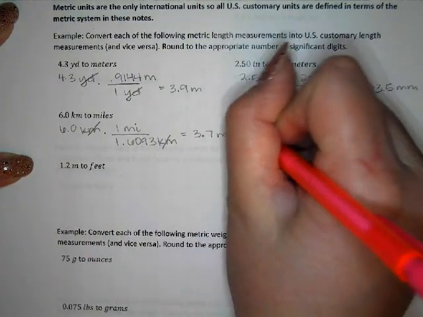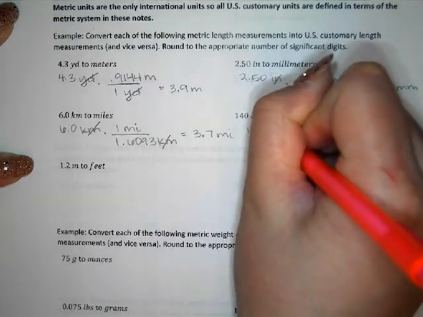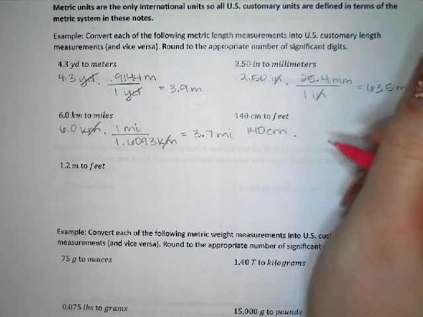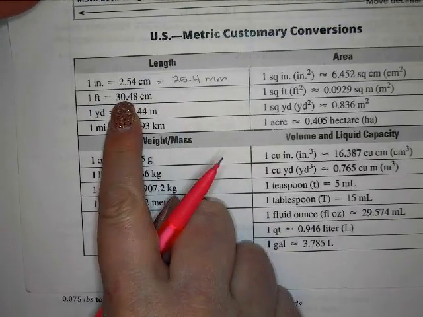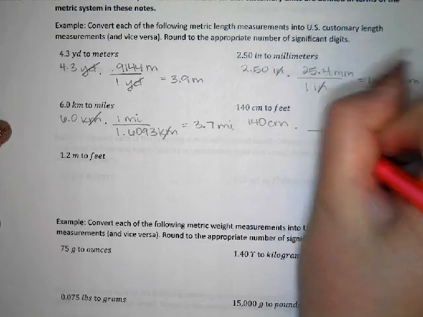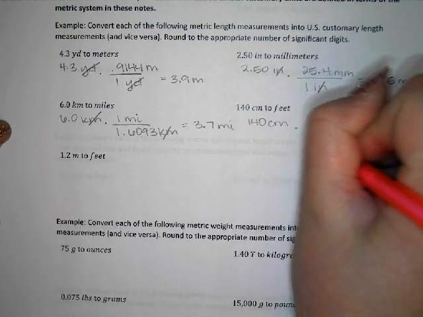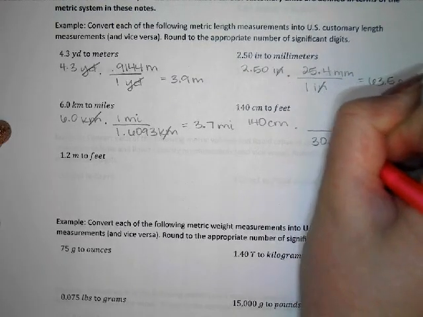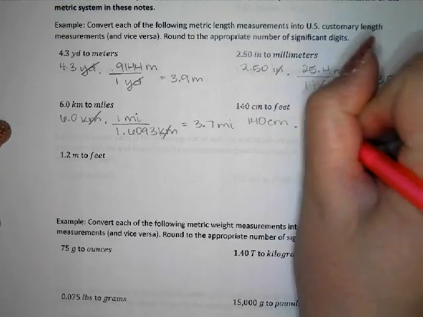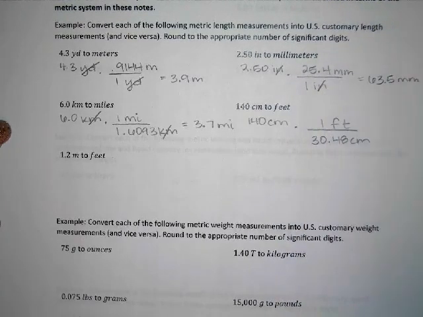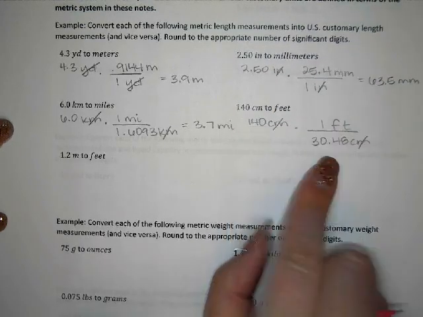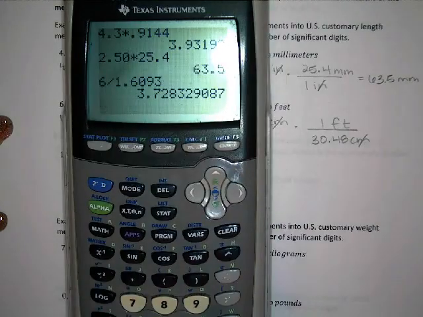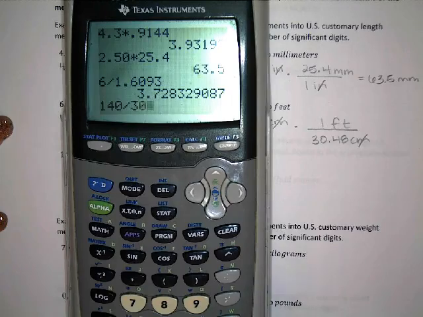140 centimeters to feet. So centimeters to feet, 30.48 centimeters is 1 foot. Sorry, I keep hitting my microphone. The centimeters cancel, so I'll divide: 140 divided by 30.48.